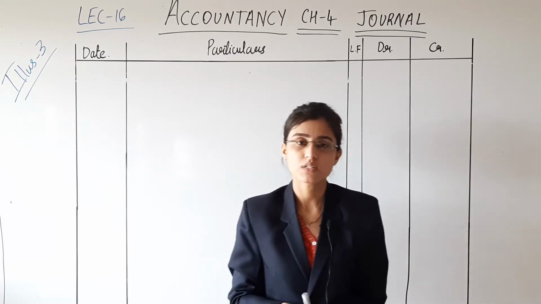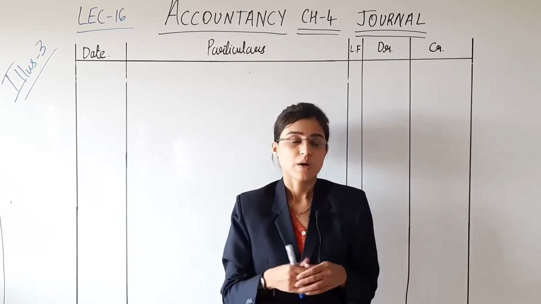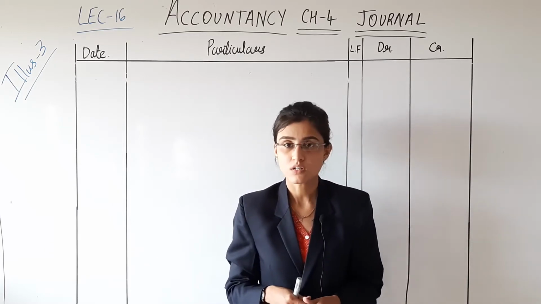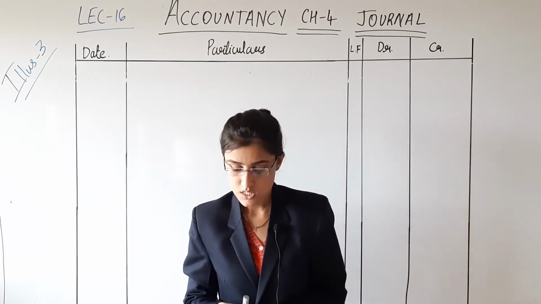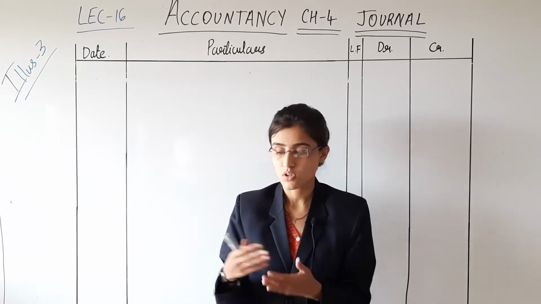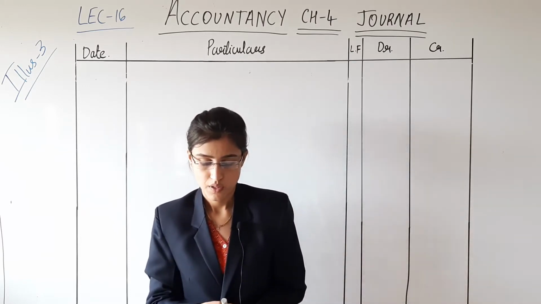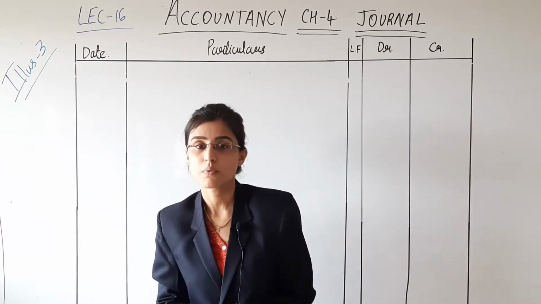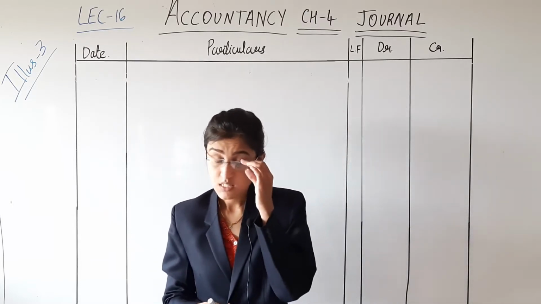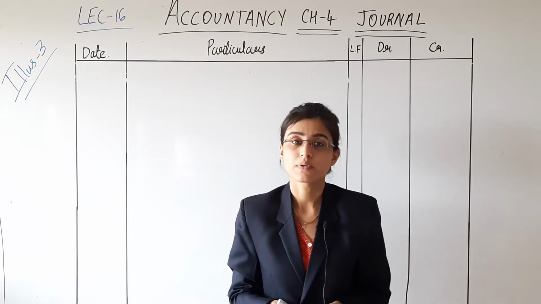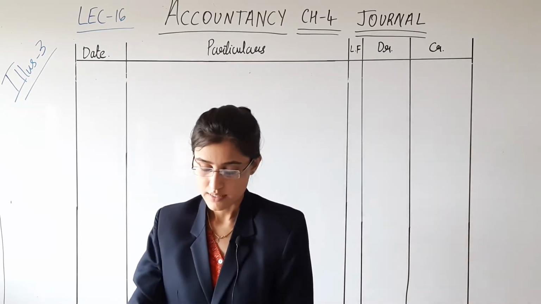For now we are starting with illustration 3, chapter 4, journal. It is given on page number 62. Even I have a textbook here on my desk. So, I will let you know about the page number. Page number 62, illustration 3. It is about the transactions of capital and drawings. Right? Okay, then let us begin.